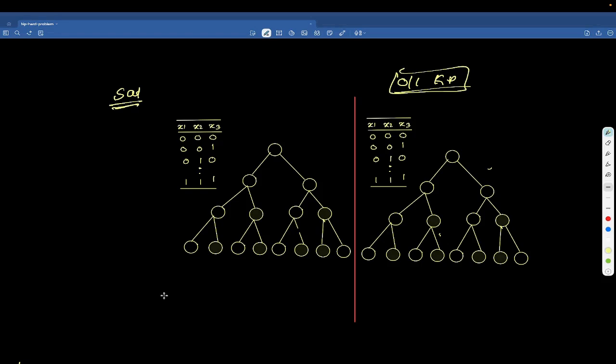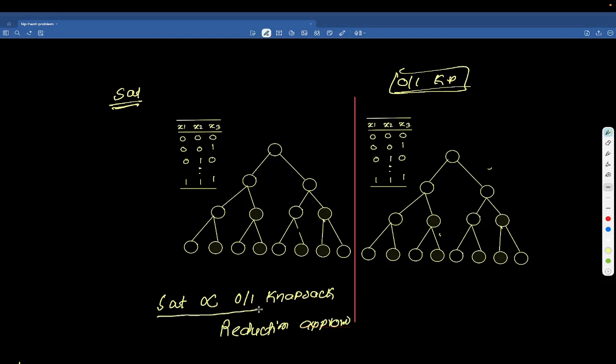Now, it is said that the satisfiability problem is transformed to the 0/1 knapsack problem using the reduction approach. Since now we have shown that satisfiability and the 0/1 knapsack problem are identical, if I can solve the satisfiability problem, then the 0/1 knapsack problem also can be solved in the same process.